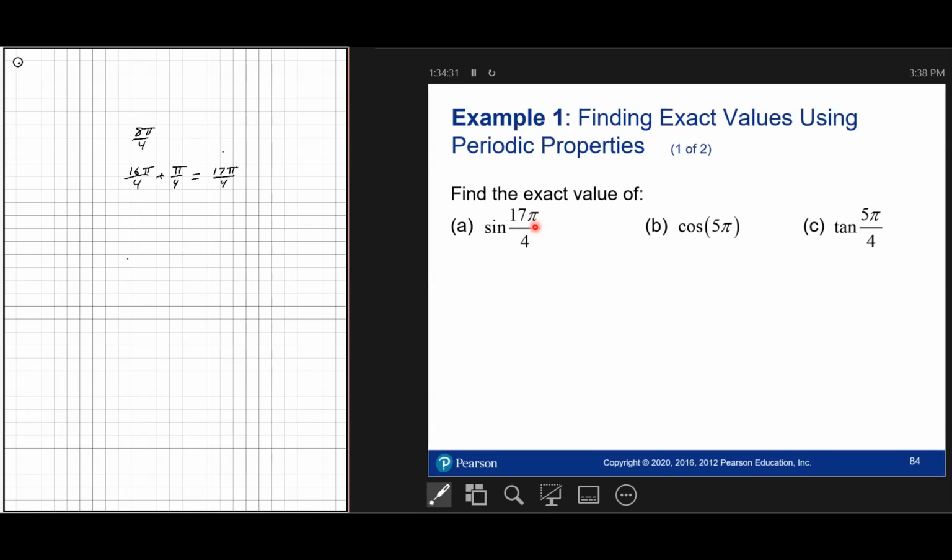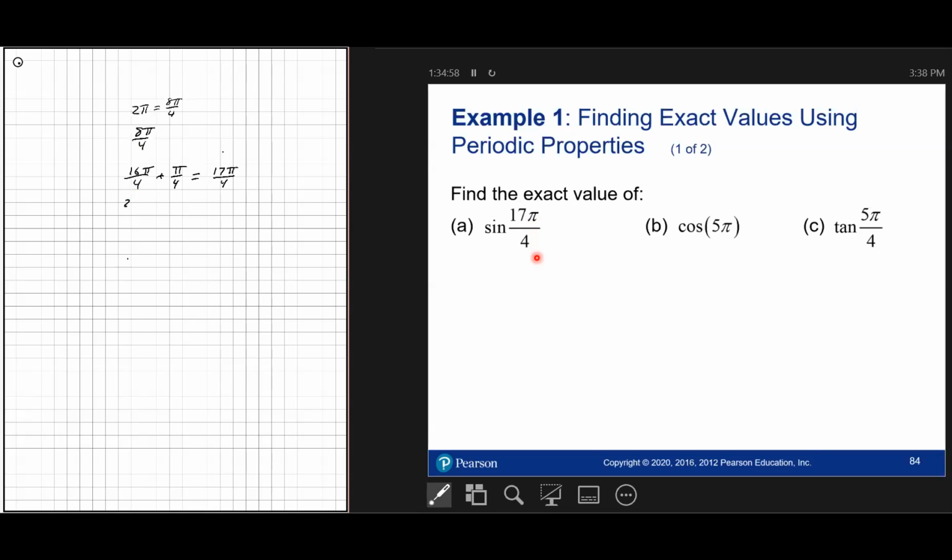So first of all, I change my 2 pi into having the same denominator. So that's going to be 8/4 pi. And then I start doing multiples, until I get to just under or just above the angle they're talking about. Well, I know 16 is 1 less than 17, so I'm as far as I can go.